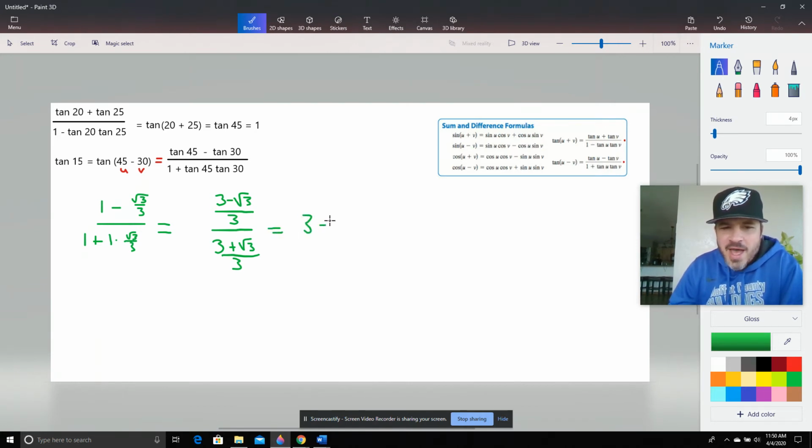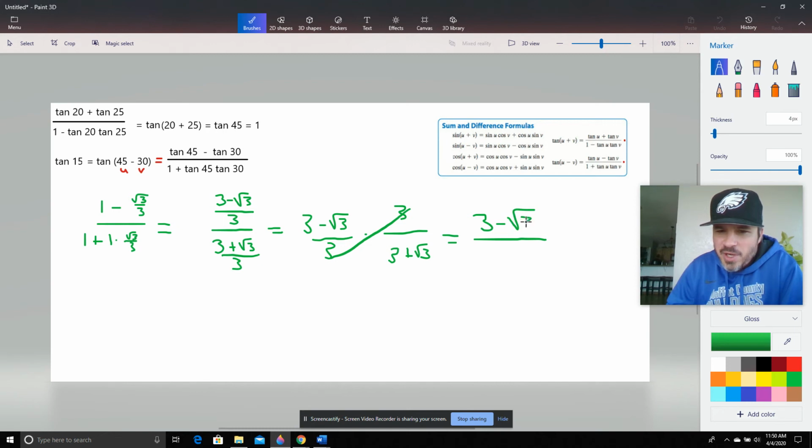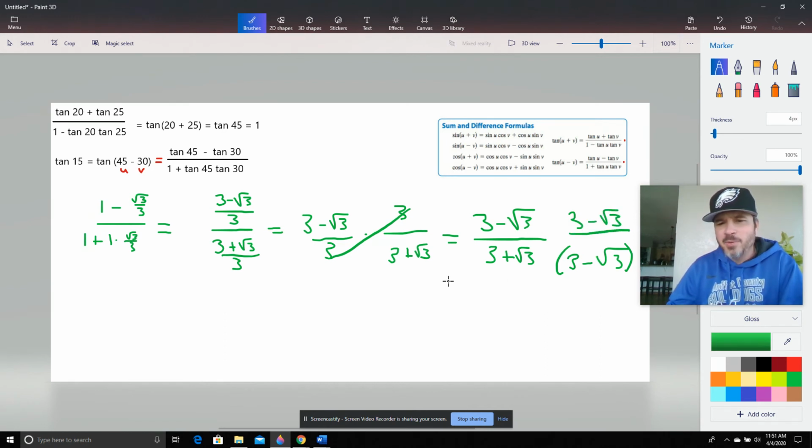Anytime we have that, we're just going to take the first fraction, and instead of dividing by the second fraction, we're going to multiply by its reciprocal. And you're going to see that that does some pretty cool things in trig. It's going to wipe out this, but it's going to make this really ugly fraction, which then we need to rationalize. Remember, to rationalize here, we need to find its conjugate pair, which is the same numbers, different signs, and we need to do that to the top and the bottom.